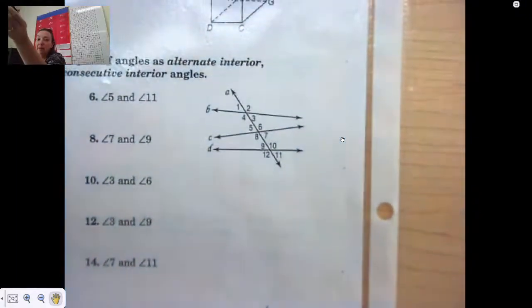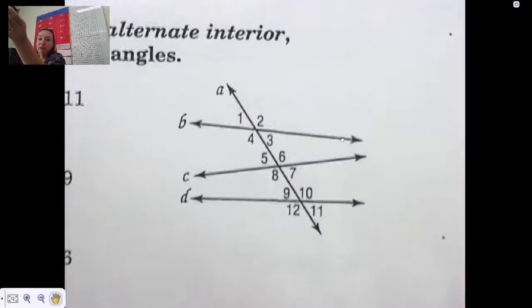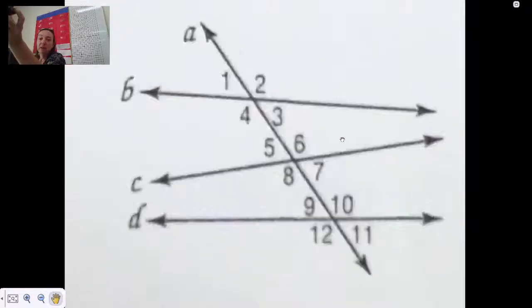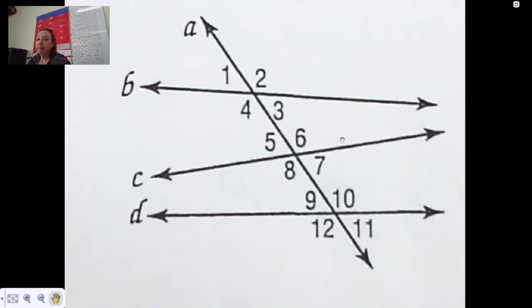I got a question about this. Yes, sir. So you said some of them are going to be interior and some of them are going to be exterior. If you just take like the first two lines, like B and C, 1 and 8 will be exterior, but once you add D, wouldn't that be interior? Okay, so it's a great question. It has to do with what angles you're looking at.